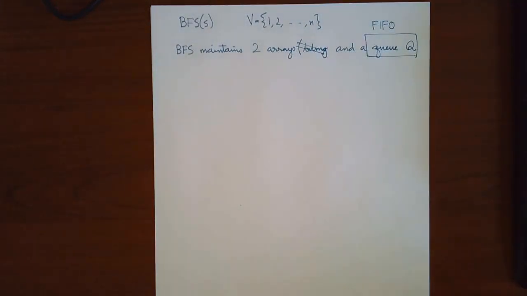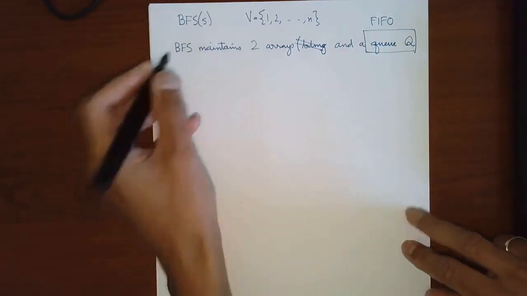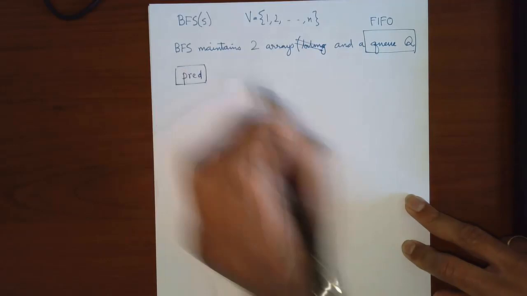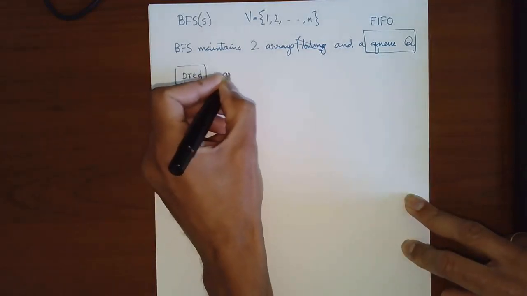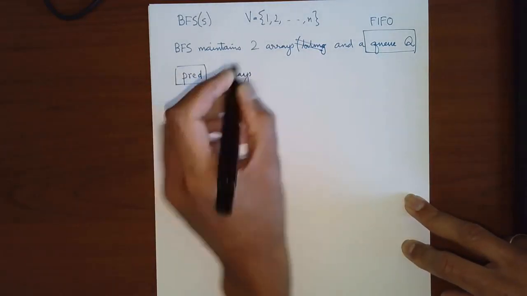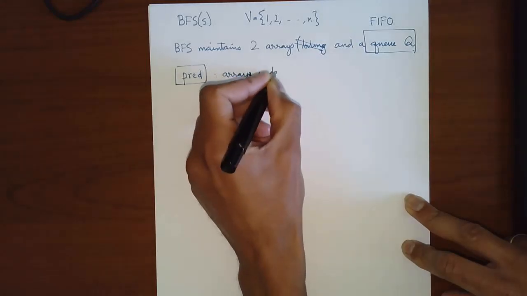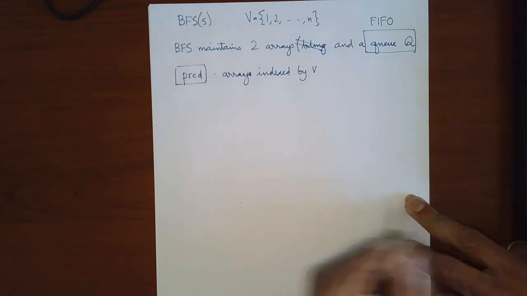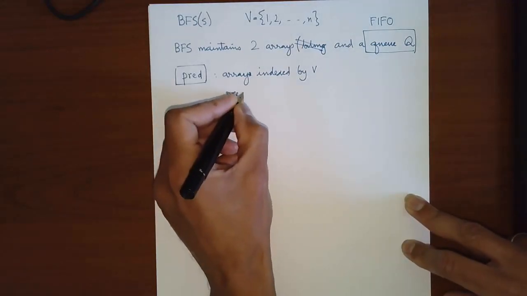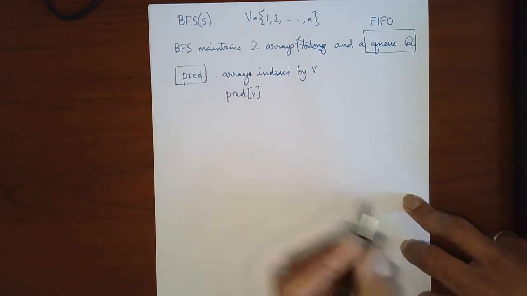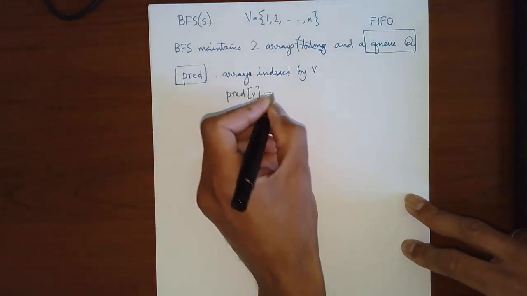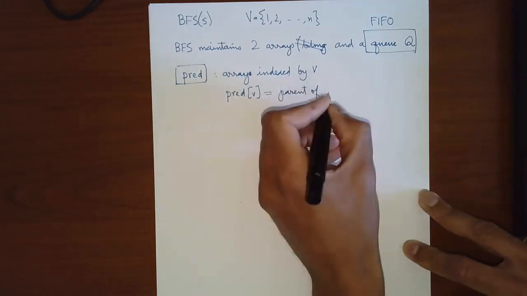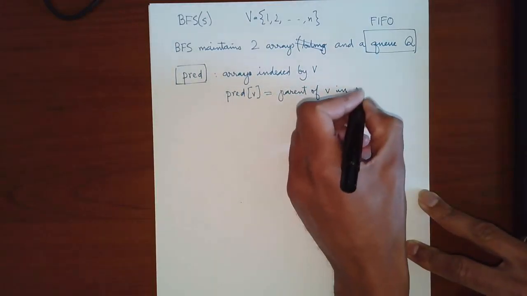So what are these two arrays? They are going to have names. One is called predecessor. Both of these arrays are indexed by V. And the predecessor of V, when you finish BFS, is going to be equal to the parent of V in the shortest path tree.